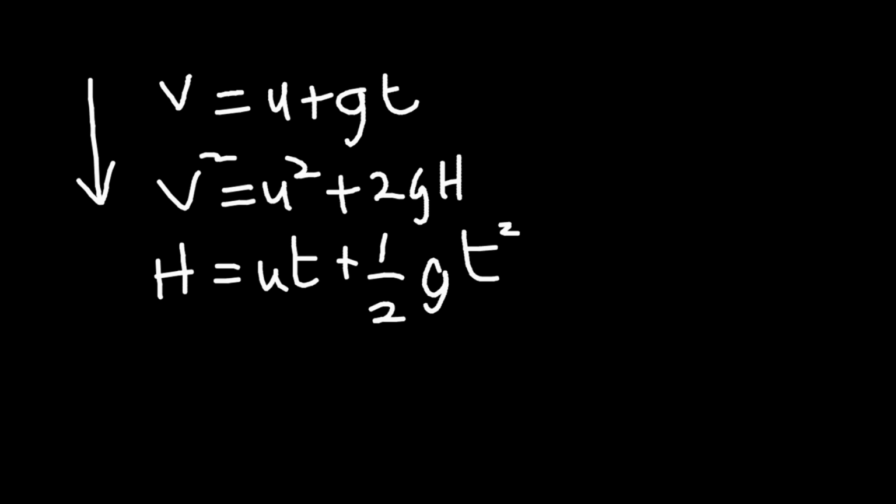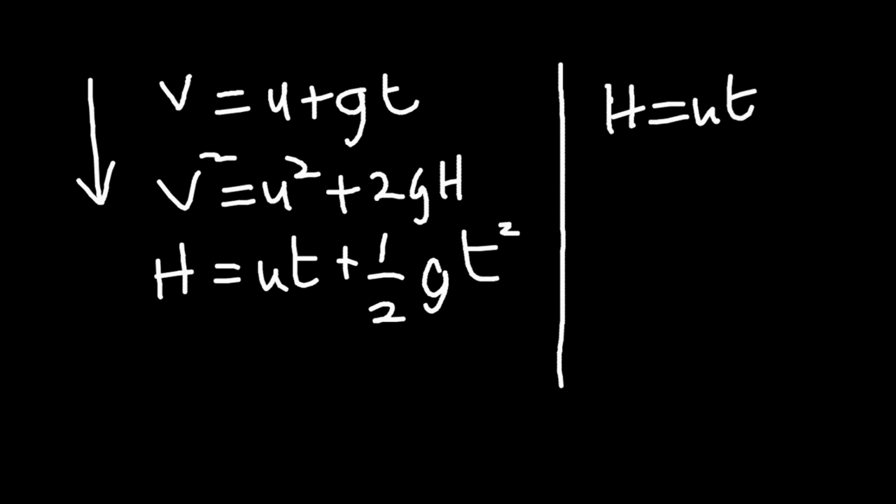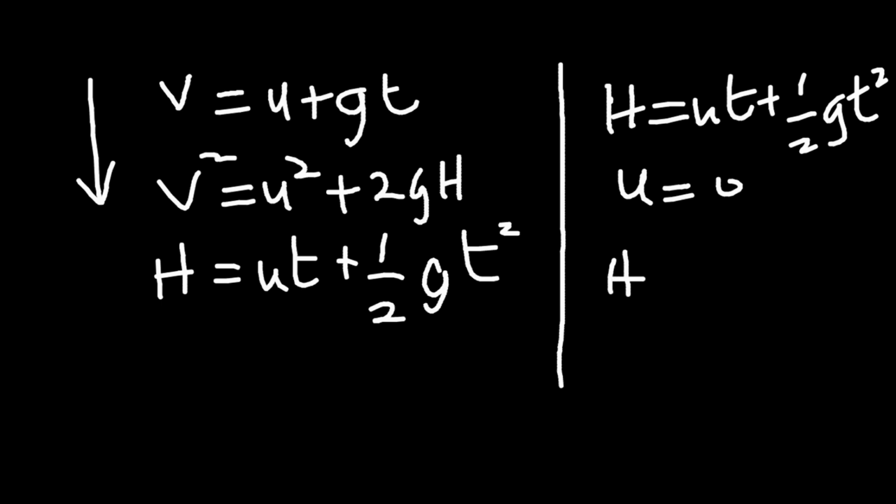It should be added that the equation h equals ut plus half gt squared can be used to obtain the time it will take a body to fall from a height. Knowing the fact that u equals 0 for bodies falling from a height, we shall have h equals half gt squared.